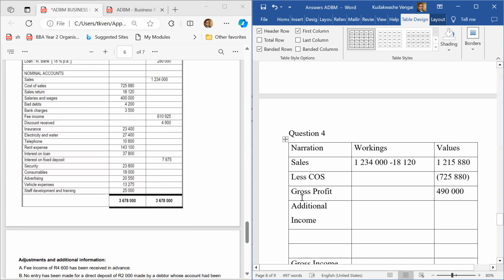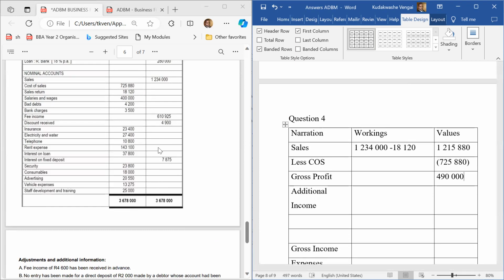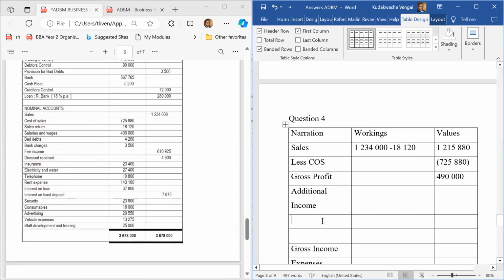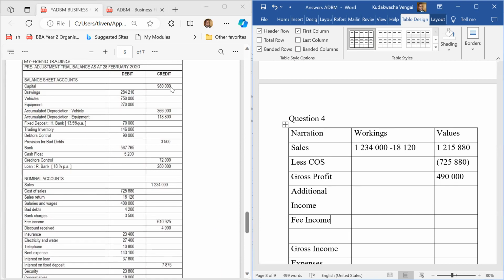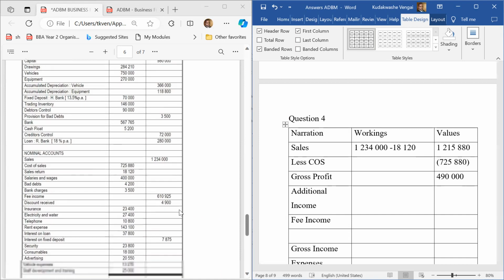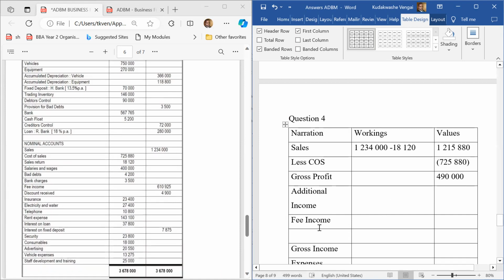Right? So let's start with additional info, with our additional income. All right. So what additional income do we have? We've got fee income. Remember, when you're looking for additional income, just look in the credit side. Expenses are debit accounts. Incomes are credit accounts. So just look on the credit side, right? So you've got a fee income, you've got a discount received, right?